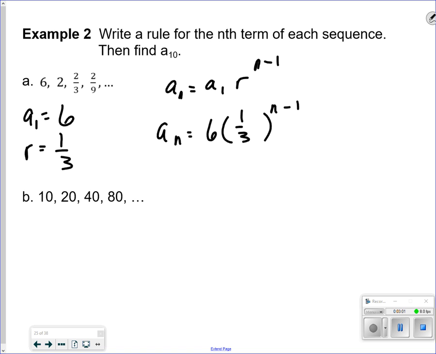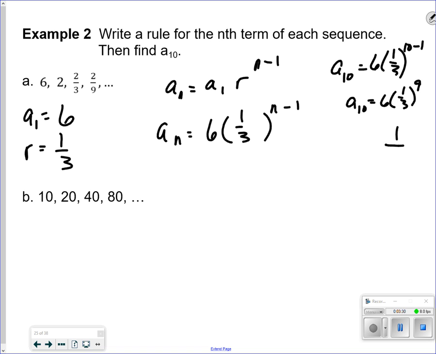Now if I want to find the 10th term of the sequence, I'm going to do 6 times 1/3 raised to the 10 minus 1. When you're putting it in your calculator, I would recommend putting in a 9. So you're talking about 6 times 1/3 raised to the 9th power. Now, this did not go well, so just do 3 raised to the 9th.